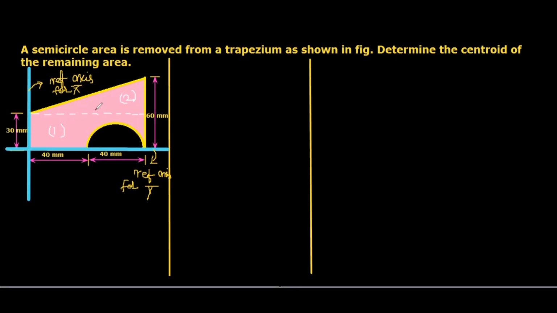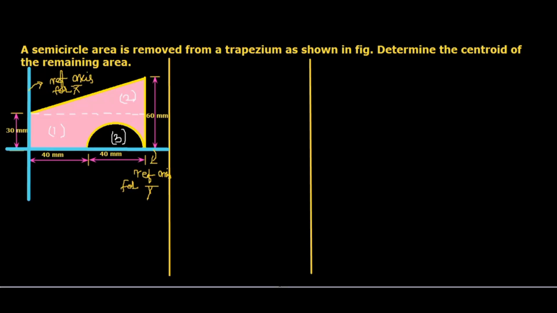We have to add these two, since rectangle, triangle and semicircle are all plane figures, so we consider area. These two will be in addition and the portion of the semicircle will be in subtraction. So first and second segments we have to add, third segment we have to subtract.